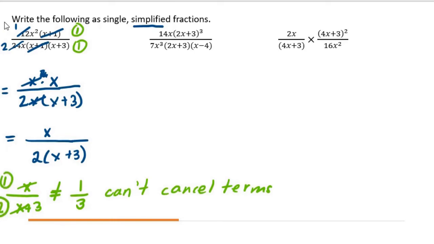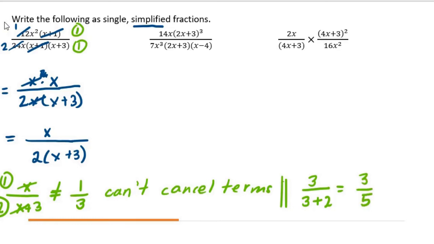If you want to look at a numerical example to prove this to yourself, if you had 3 divided by 3 plus, let's say 2, what is the answer here? Well, you should say that's going to be 3 over 5, because of order of operations, you need to add before you can do the division.